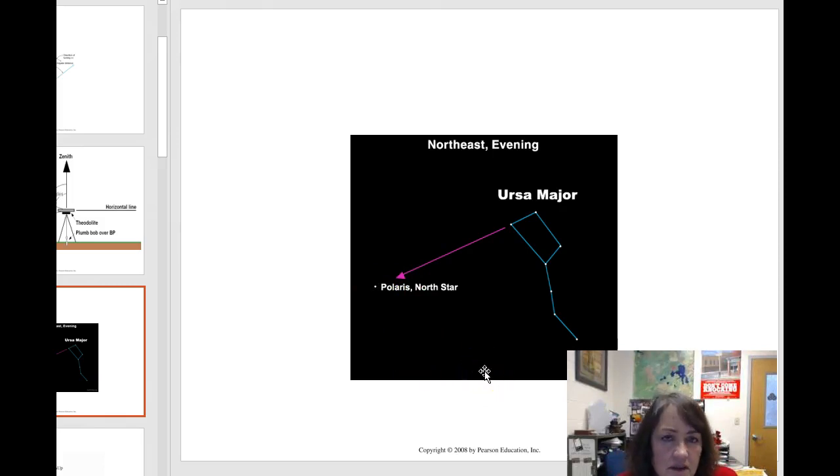It's also in a constellation called Ursa Minor, or the Little Dipper, or the Little Bear. Ursa actually means bear, but in the United States we've decided that it's more of a dipper than a bear, and I could not agree more. So if you find the North Star, you will know where true north or astronomic north is, and then you can take survey readings from that.